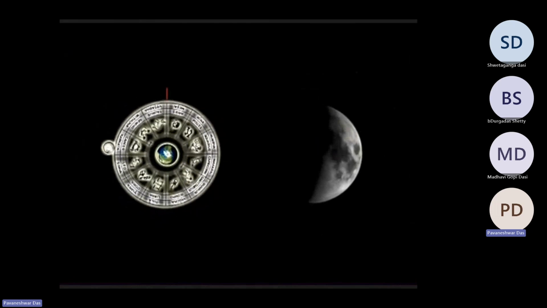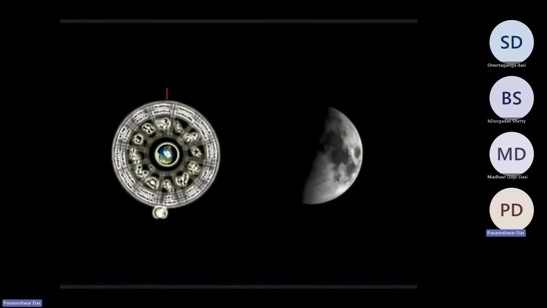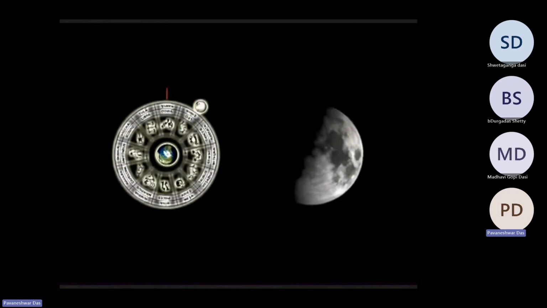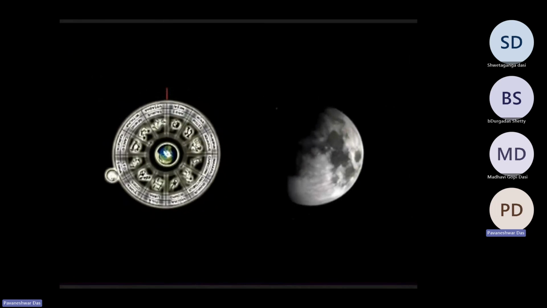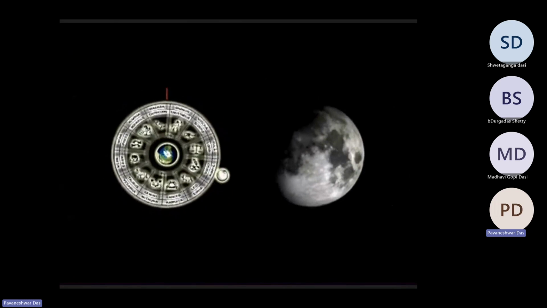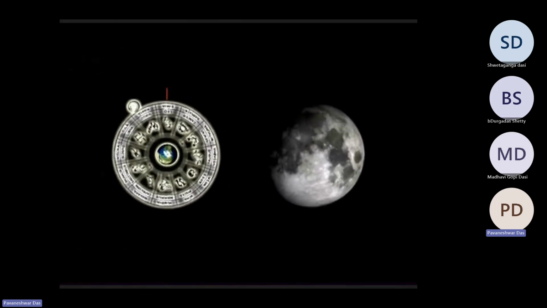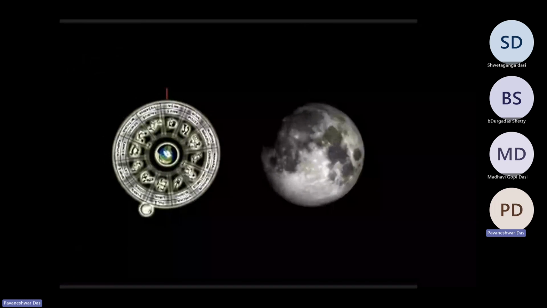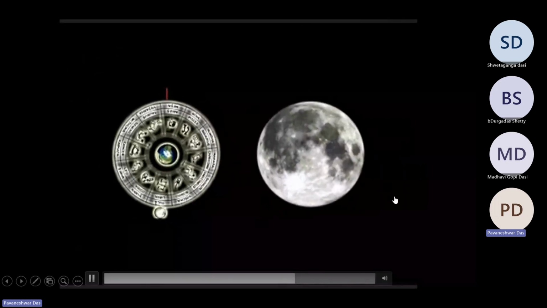This is also called retrograde motion. Thus, the phases of the moon increase each day for 15 days until the full moon. Then the moon's phases decrease gradually by one phase each day until the dark moon night.